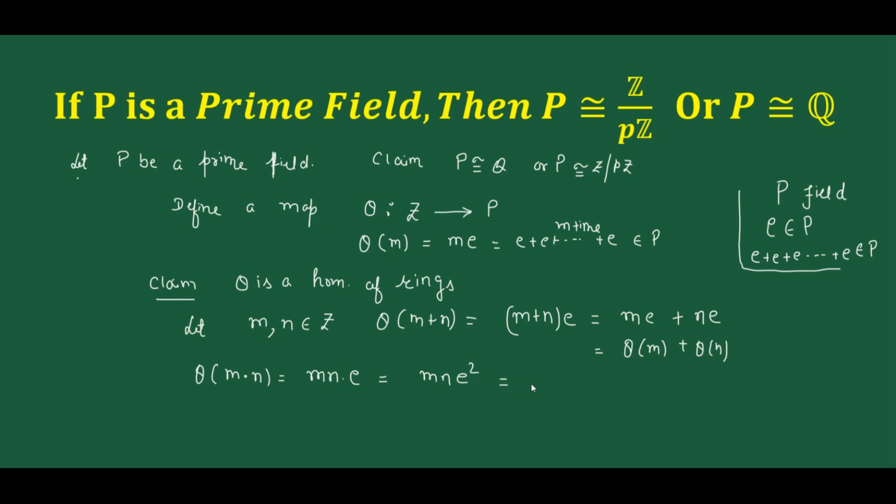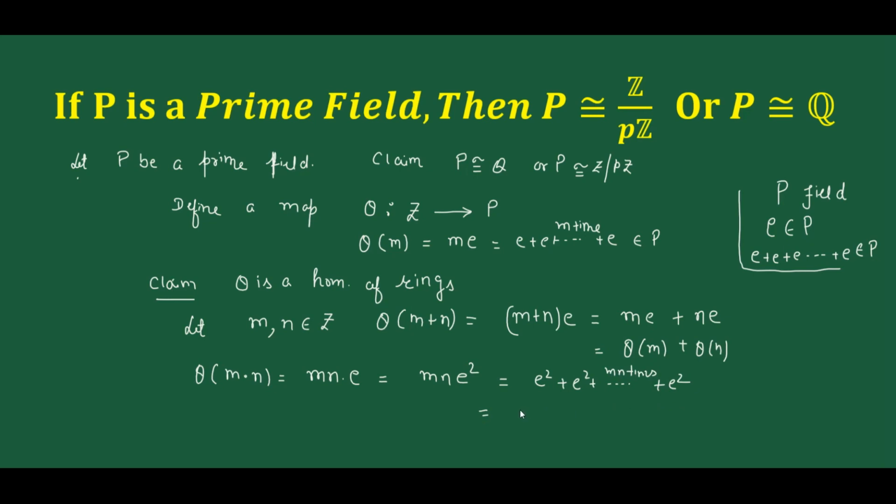So this will be e square plus e square plus e square, how many times? mn times. This is a very important step.